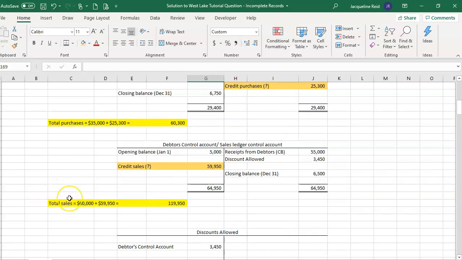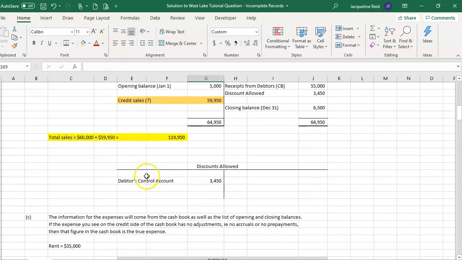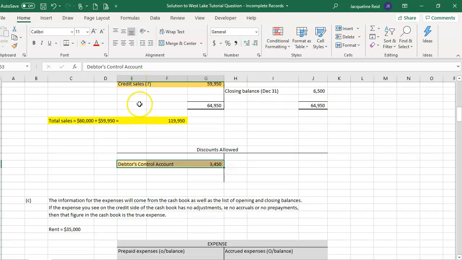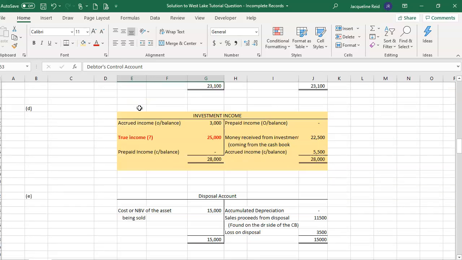I'm going to pick up 119,950 for sales. And let us not forget our expense called discounts allowed of 3,450. So part B of the question gave me 3 pieces of information to throw in my trial balance. So let's go back down there and put them in.